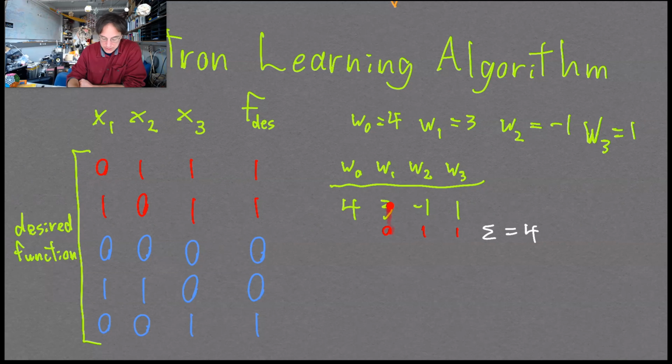This one doesn't matter because it's multiplied by 0, and these two cancel each other. So we get 4. And so this means that the output of the unit is 1, which matches our desired output. So that's great. Okay, let's try another one.